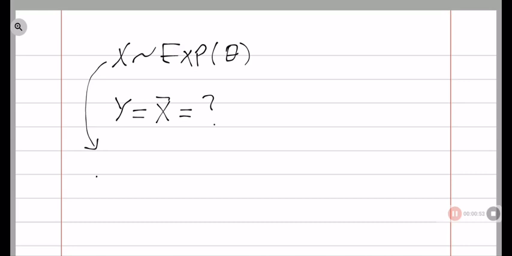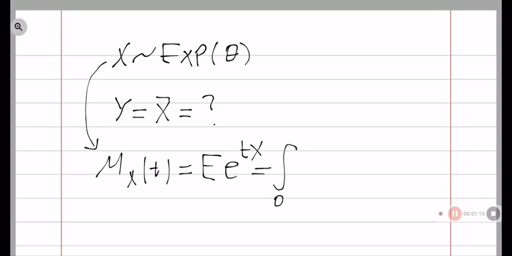So let's start by using the moment generating function for the exponential distribution. Let's say it's M_X(t), and this equals the expectation of e to the power tX. Because this is continuous, we take the integral from 0 to infinity, because the exponential is just a continuous random variable.